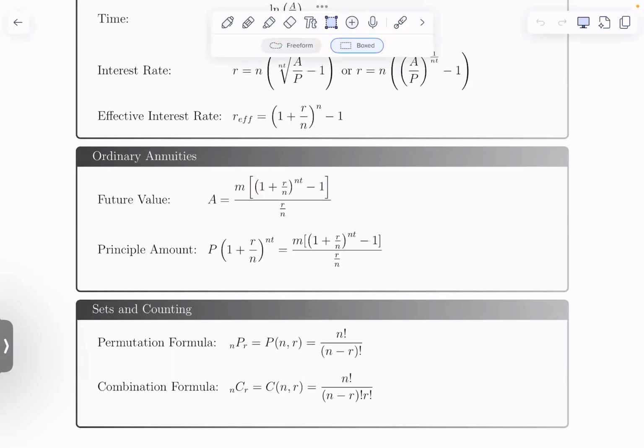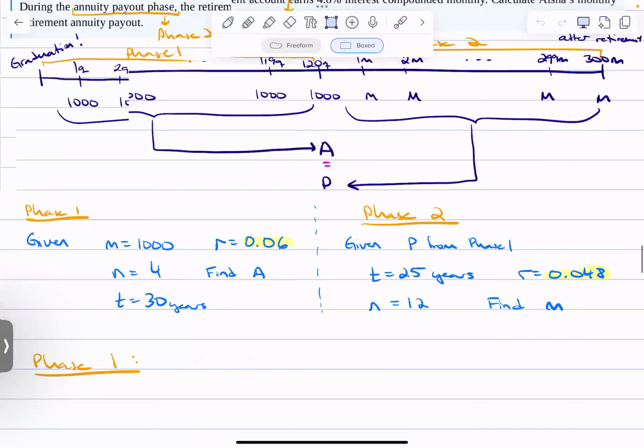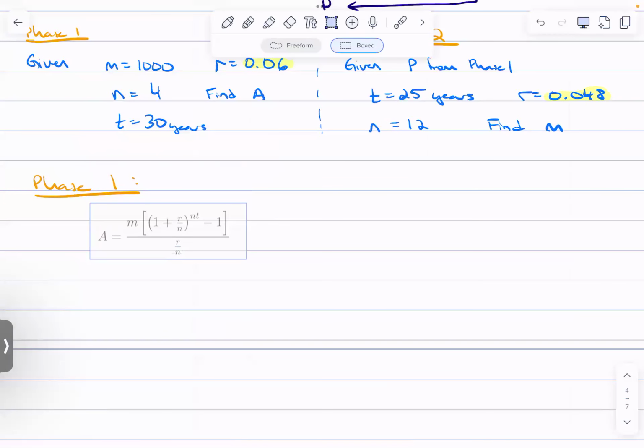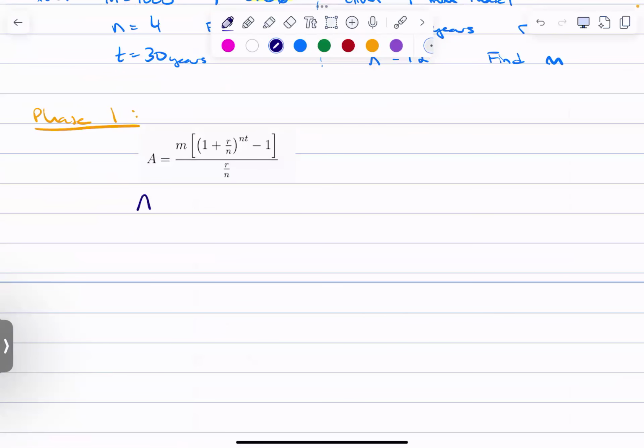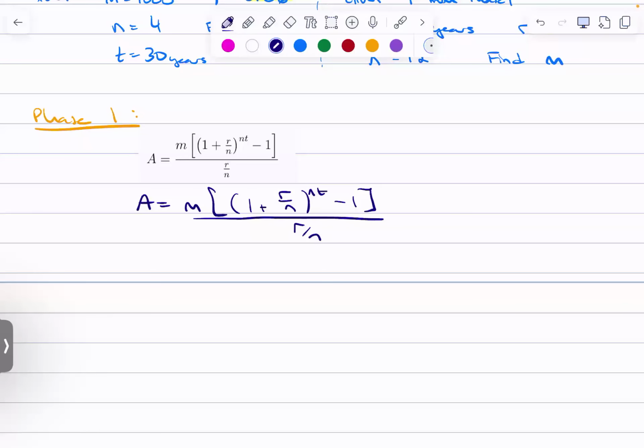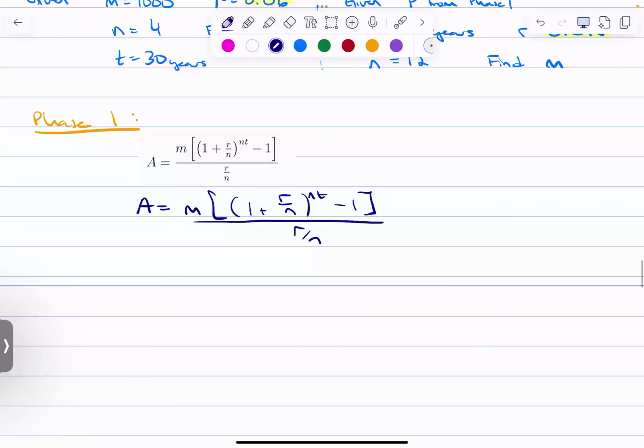And so let's bring it, I'll just copy it into our notes here. And I'll write it out just for completeness. M times 1 plus R over N to the NT minus 1 divided by R over N. That looks familiar, right? It's just the right-hand side of what we're usually working with, but just a little bit more compact.